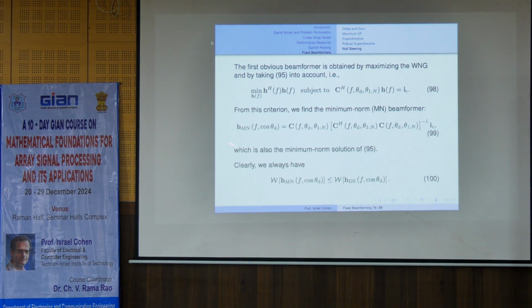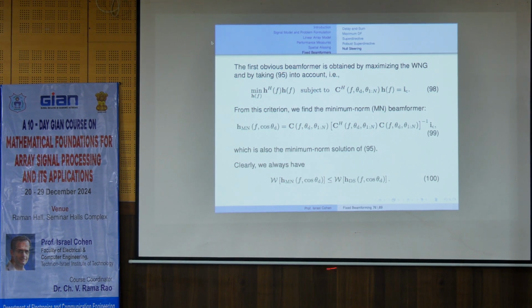So let's call it minimum norm. You see, this is the norm of the beamformer, we take the summation of the magnitude squared. So when we have minimization of norm, that's why we call it minimum norm.